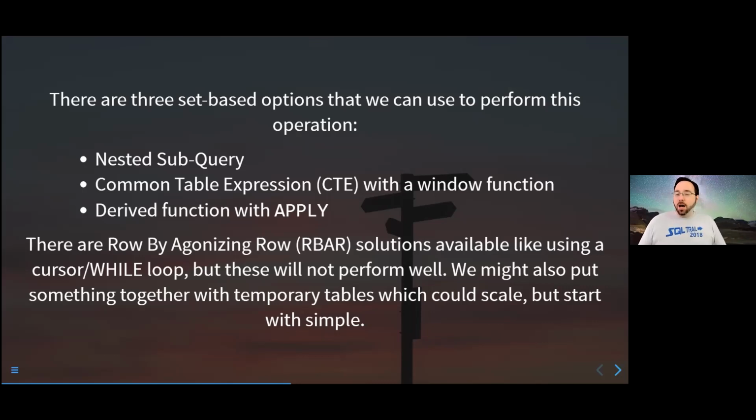And I just continue on explaining to them that there are other options as well. I mean, I could use a cursor or a while loop, but that sort of rebar operation isn't necessary for this work. I can easily solve it with set-based solutions. By this time, their eyes are usually kind of falling back in their head, the drool's coming out.